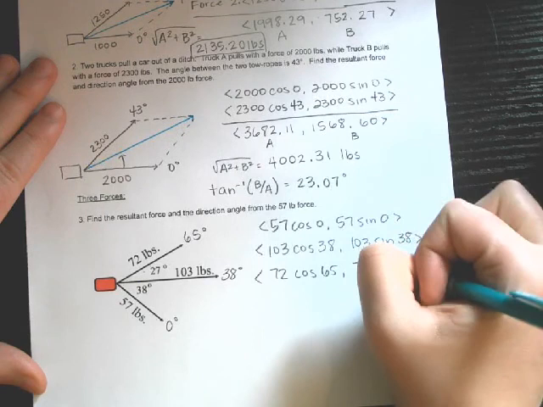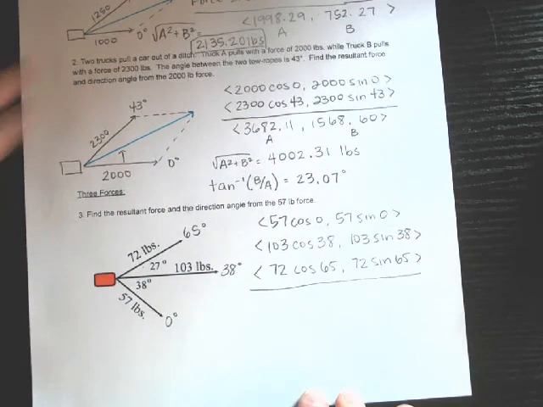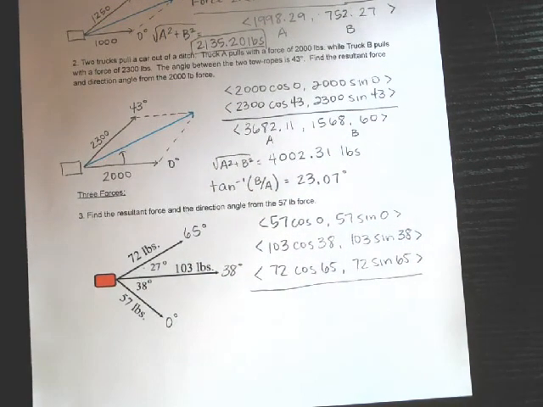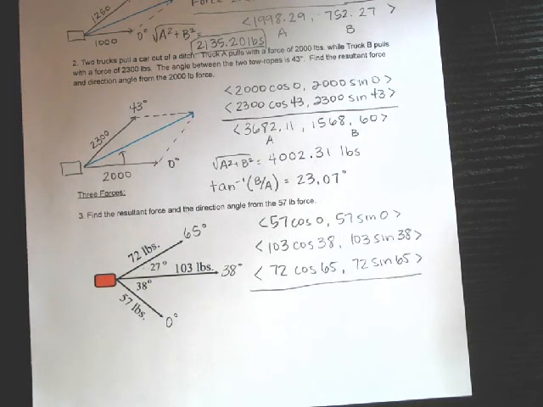It's got to be the whole angle. How far away is it from that 57? So cosine 65 and 72 sine of 65. So I'm just going to add these up real quick in my calculator, making sure to save it as A.